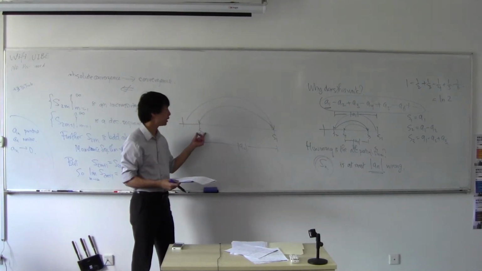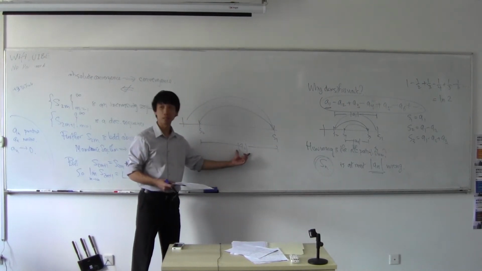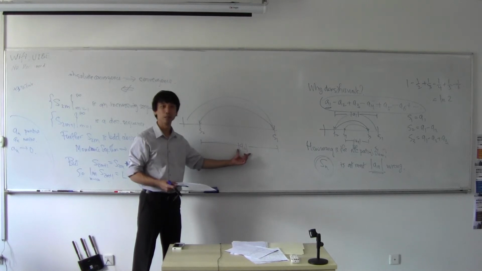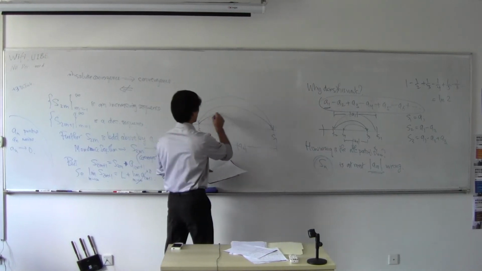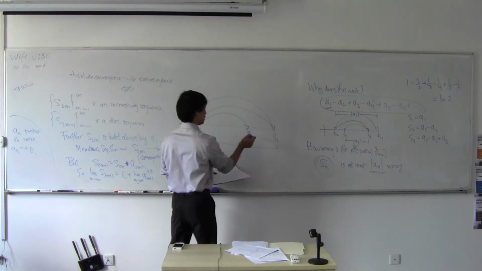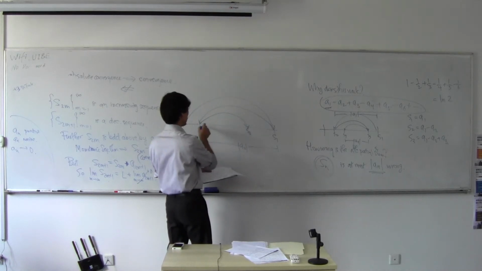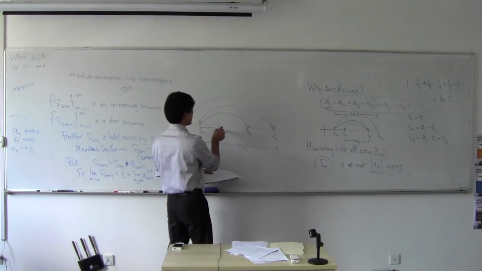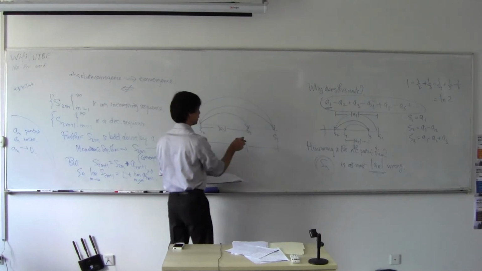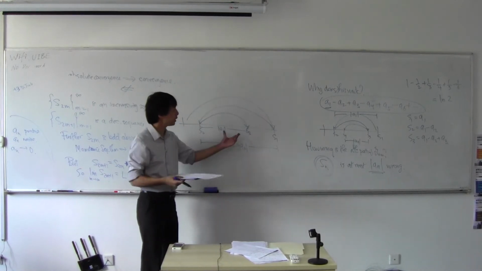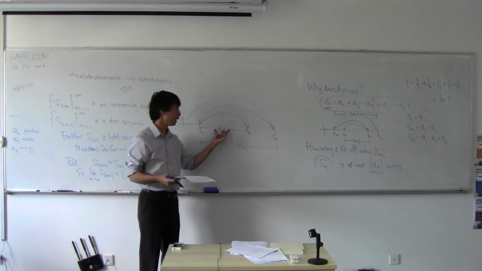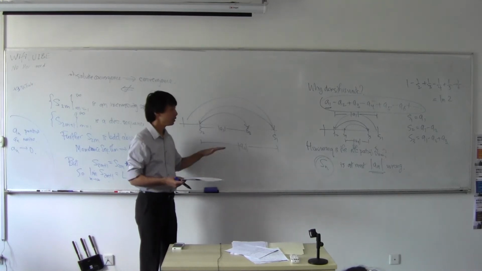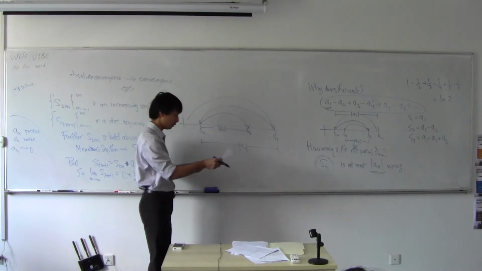So how wrong is S2? Well, it's at most A2 wrong. And we go here, S3. We know the answer is somewhere in here, and we know that this distance is the absolute value of A3. So how wrong is S3? Well, at most, it's A3 wrong. So this is an estimate on the error.